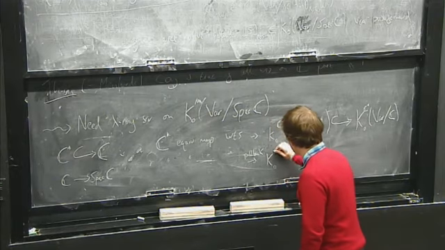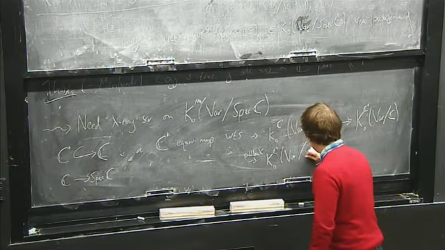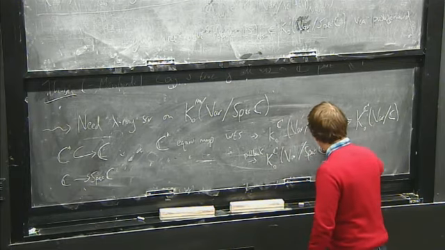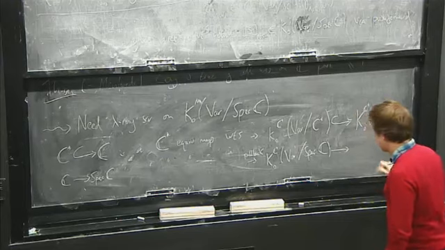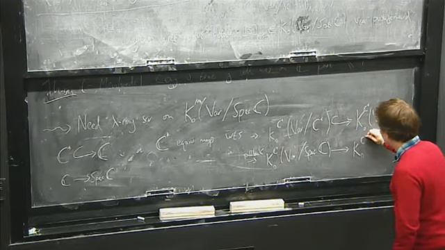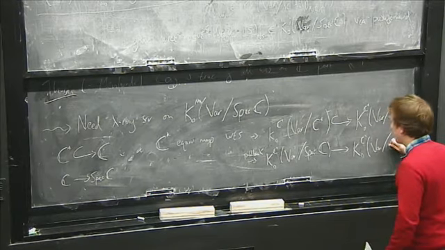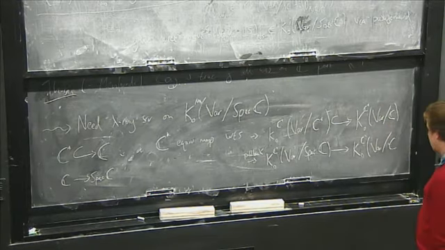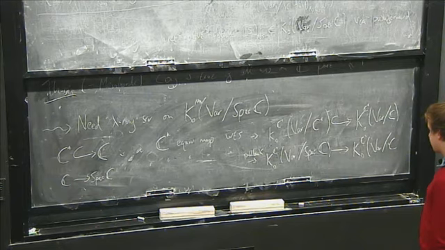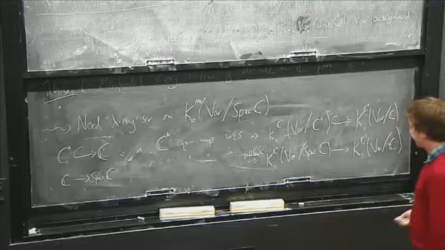So K0 of C star varieties over Spec C actually embeds into K0 of C star varieties over C.